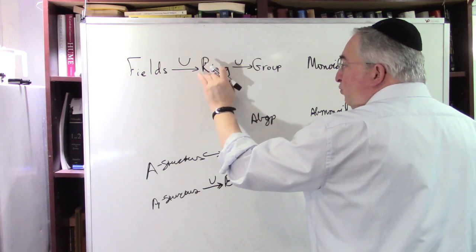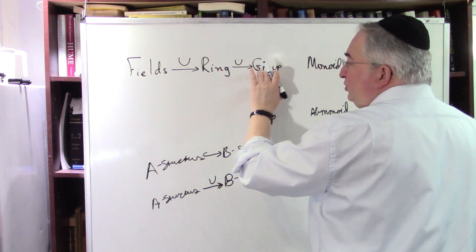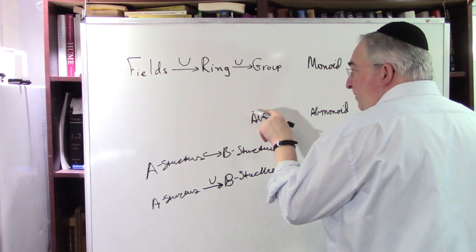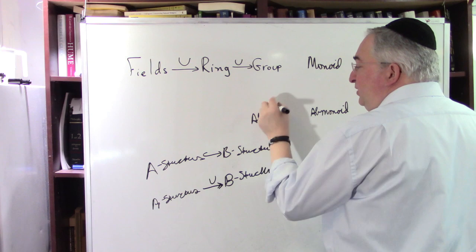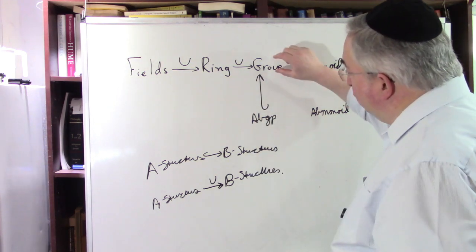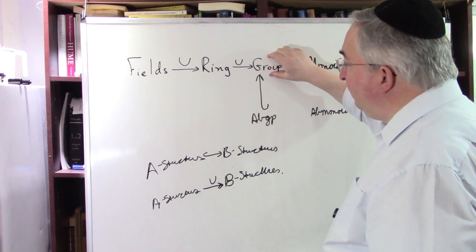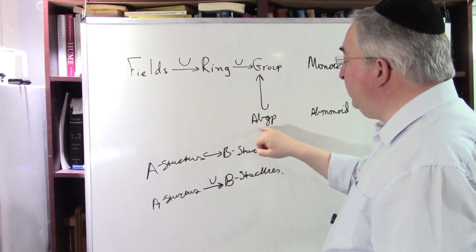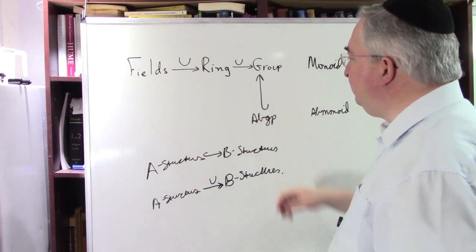So for every ring you can forget some of the structure and you get a group. This is an abelian group. An abelian group is a special type of group. This is all groups. Some of those groups have commutative operations, and those are the abelian groups. So that's a subset of that.